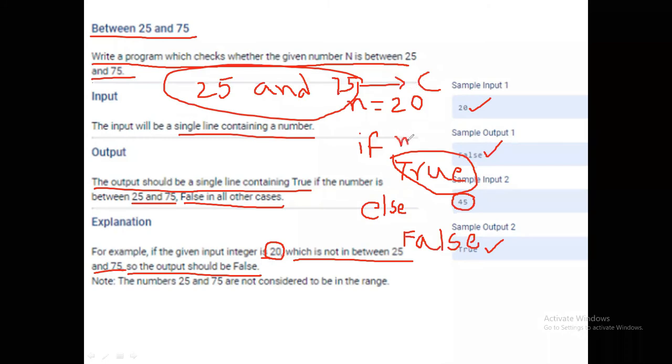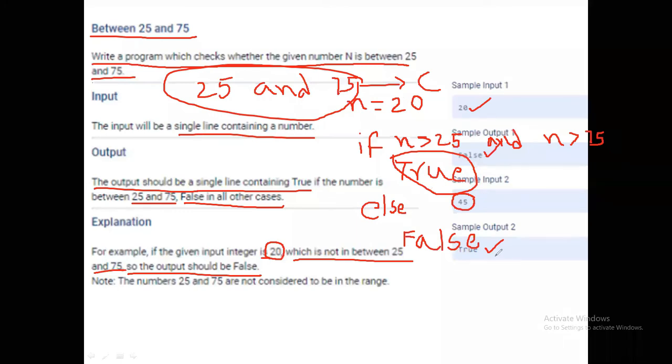Here we are using n greater than 25 and n less than 75, and you combine these two conditions with the logical operator and. If n is greater than 25 and less than 75, you are going to print true. Else you are going to print false as output.